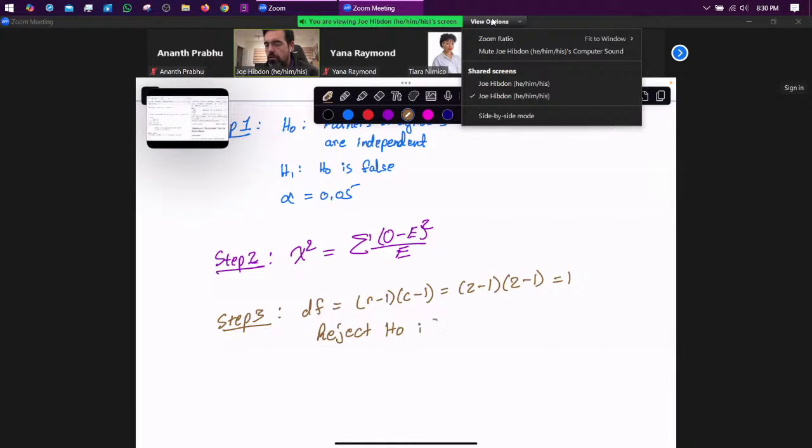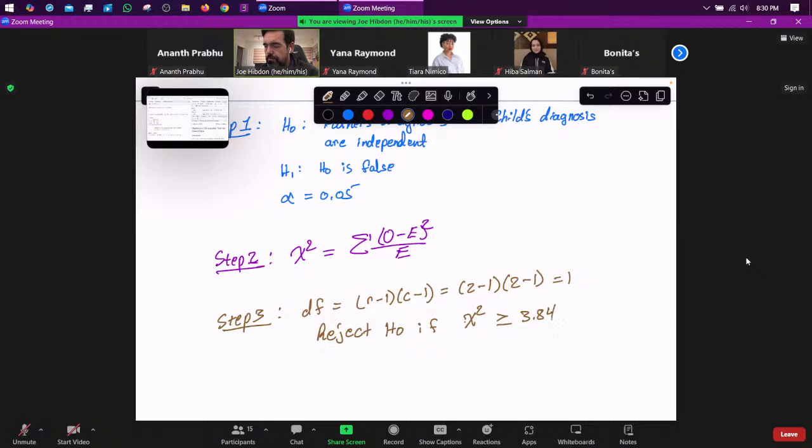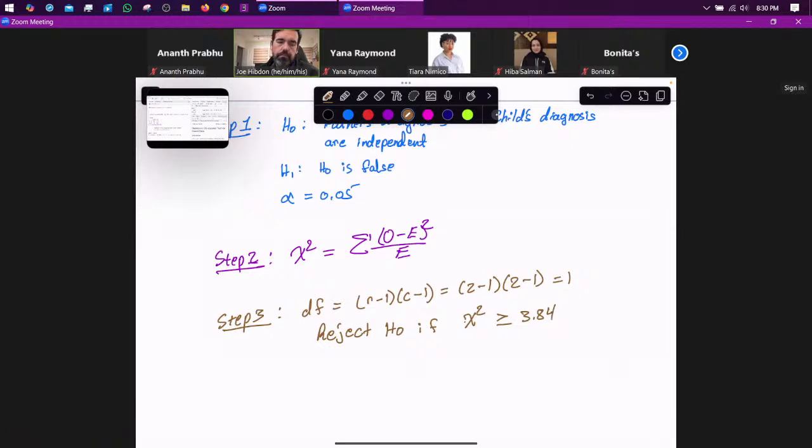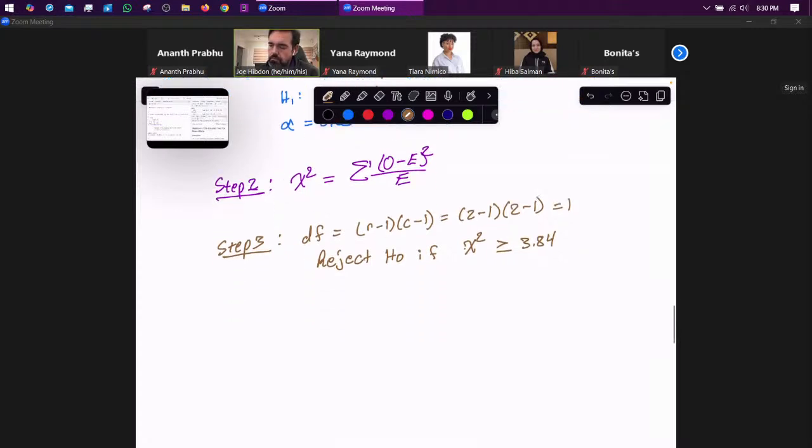So we will reject the null if the chi-squared is greater than or equal to 3.84. Step 4, calculate chi-squared.